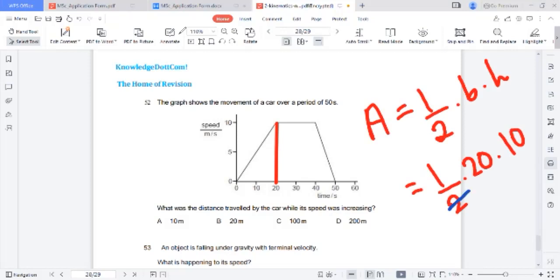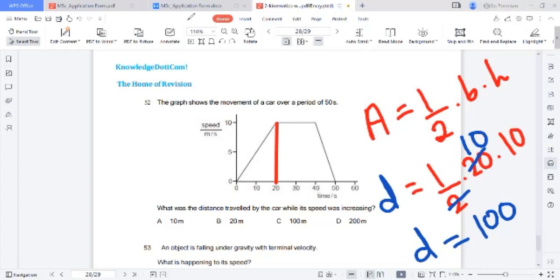So you have 10 times 10 is 100. So distance traveled would be 100. We have 4 options. You can see 10 meter is incorrect, 20 is wrong, 200 is wrong, and we are left with only one option, which is the correct option.